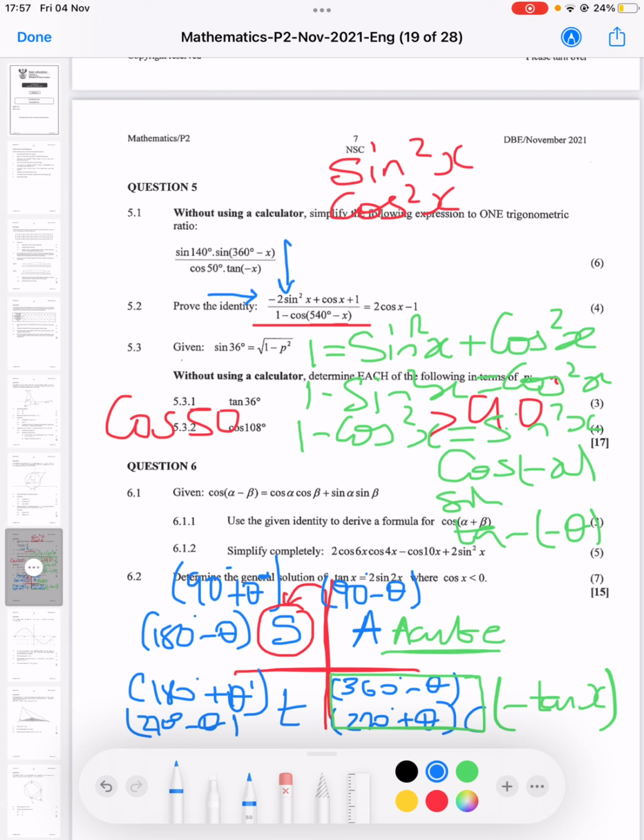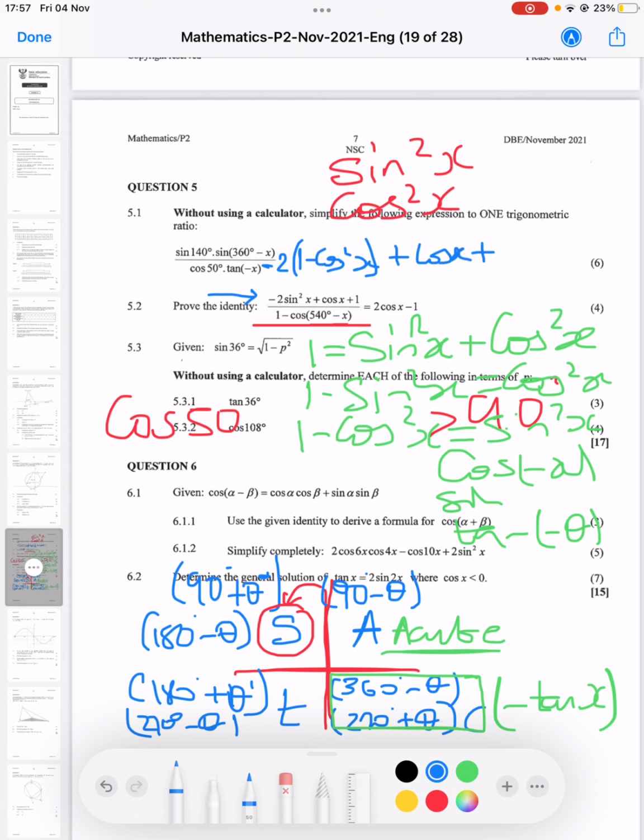In that way, we know some other things can be worked out and others can cancel each other out. So that is the approach that you might need to apply on that one. But most importantly, remember that you have negative 2 in 2, then it's going to be 1 minus cos squared x. You therefore have plus cos x.